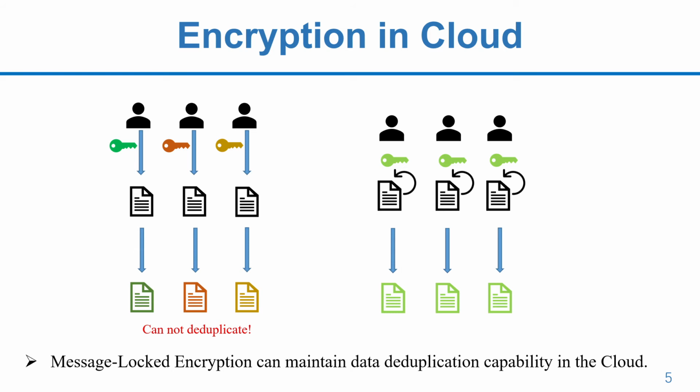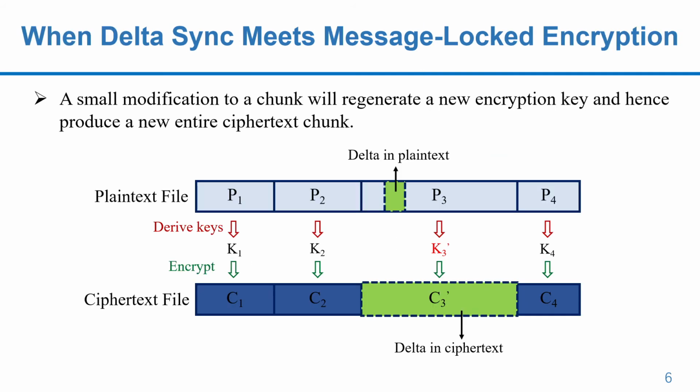It derives the secret key based on the file content, such that the identical files can still be encrypted into identical ciphertext files. However, files using message locked encryption method encounter challenges in data sync.